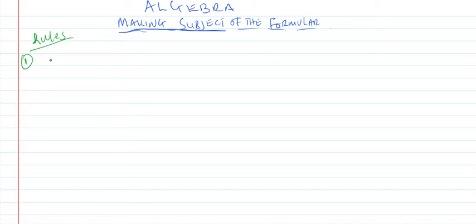So if the variable of interest is next to another letter by adding, then you will make it the subject by taking the other letter that is not of interest to the other side of the equal sign by subtracting. Basically in math, the opposite of adding is subtracting.